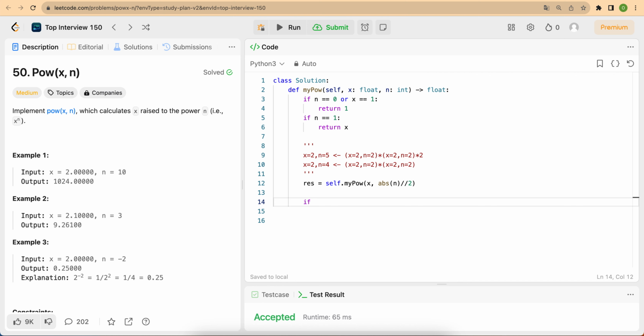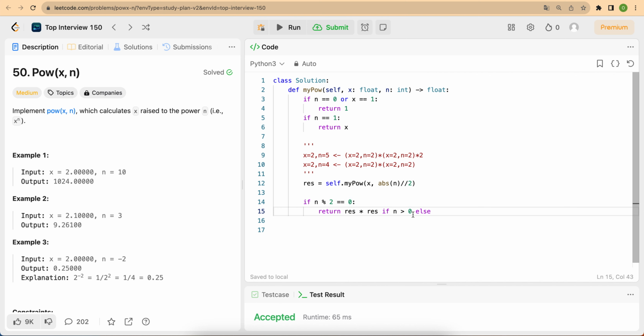So if our n is an even number, all we need to do is just return res multiplied by res, right? But like I said, n can be a positive number or a negative number. So if our n is a positive number, what we need to do is return this directly.